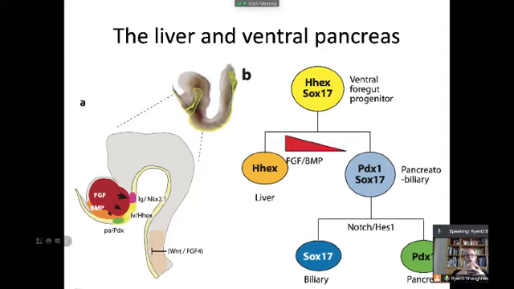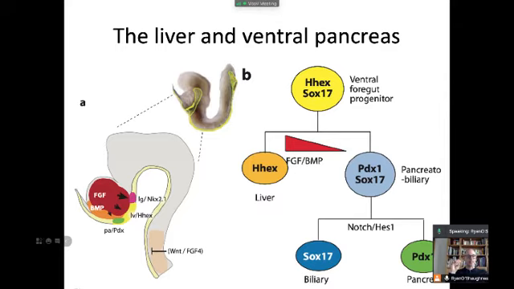Where we have low levels of FGF and BMP, and instead we have the notochord producing signals, this drives the cells to a pancreatobiliary fate, and through the production of this key transcription factor, PDX1 can then determine downstream fate. And then in the presence of Notch delta signaling, so the cells adjacent to the biliary cells through Notch delta signaling become pancreatic cells.